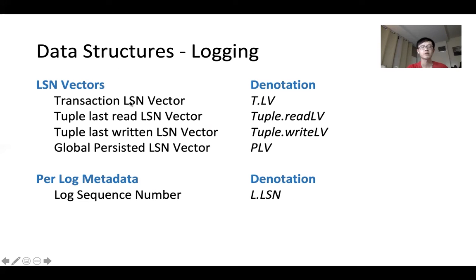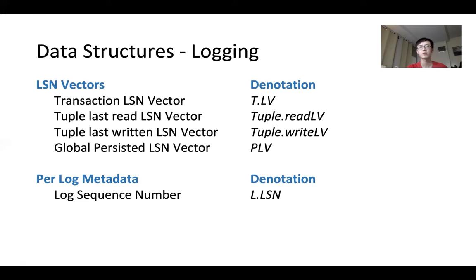So we use a lot of LSN vectors. First of all, we assign an LV to each transaction, and we assign 2 LVs, the read LV and the write LV, to every tuple. The read LV of a tuple indicates the LV of the last transaction that has read this tuple.